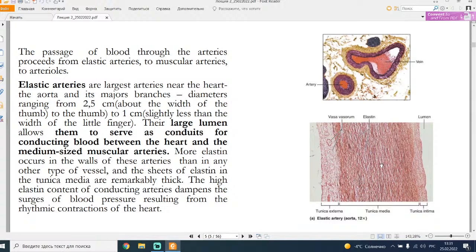The high elastin content of conduction arteries dampens the surges of blood pressure resulting from the rhythmic contraction of the heart. What you see is the wall of an elastic artery. You see tunica interna, tunica media, tunica externa.